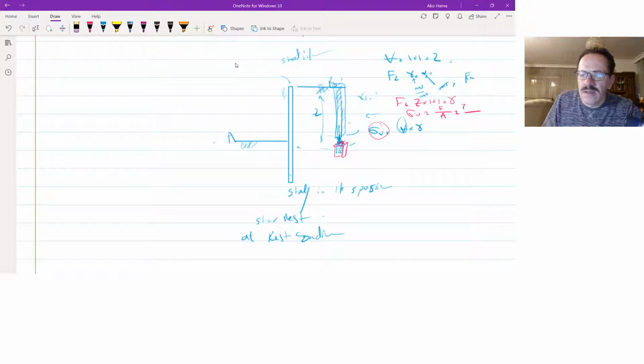The volume is Z times 1 times gamma, over the area of this element, which is 1 by 1. So sigma vertical is equal to gamma Z, or gamma H.